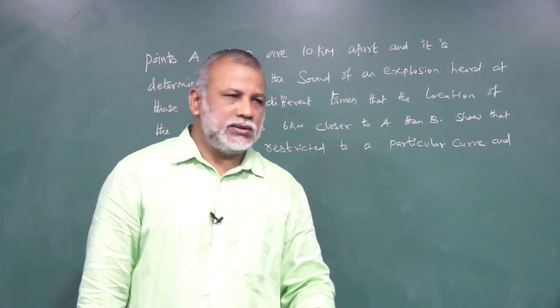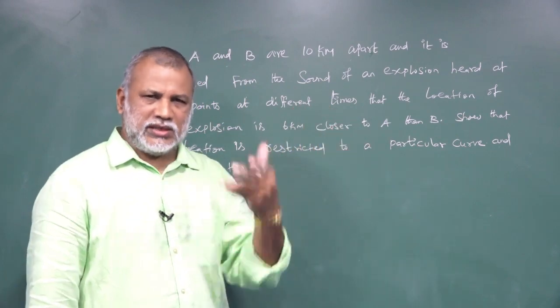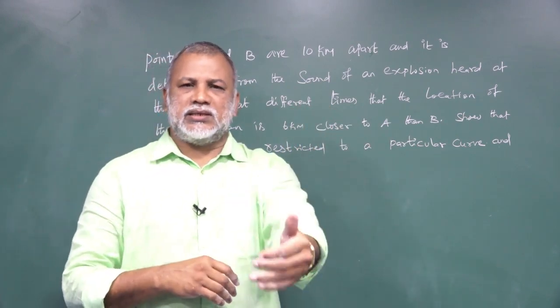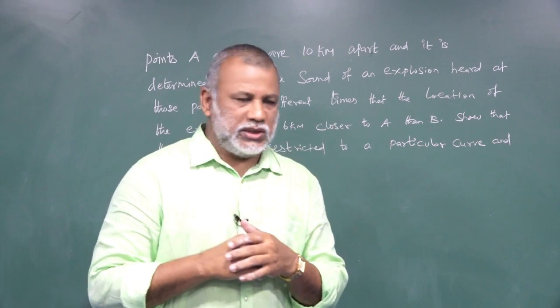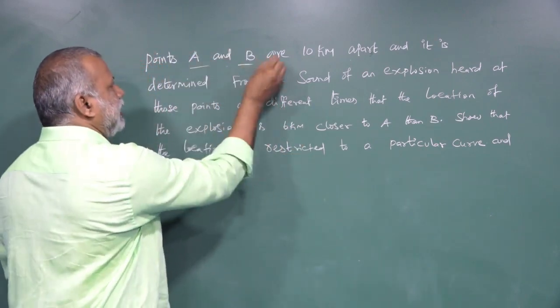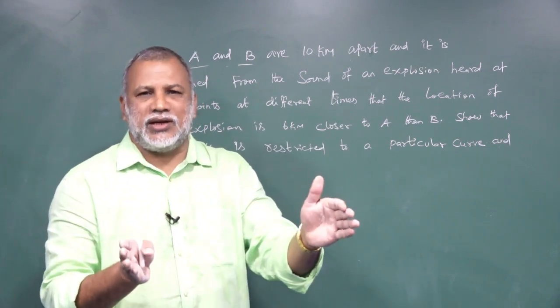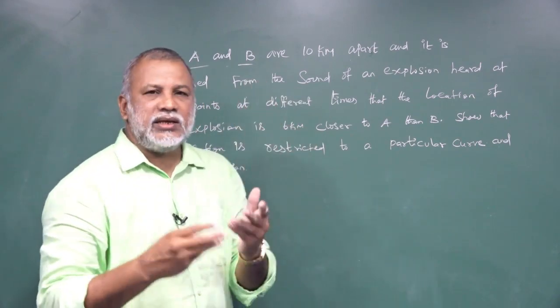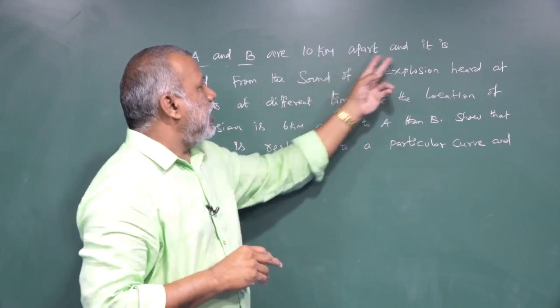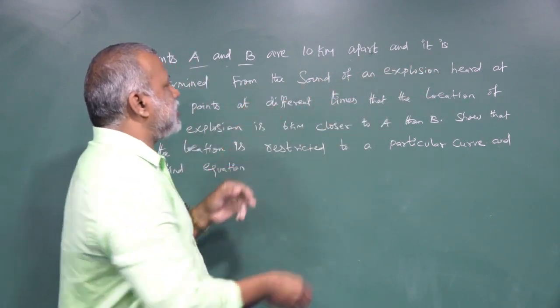Now listen students, it is one more problem, the same explanation we just discussed in the previous question. See, A and B are 10 km apart. In the previous question, 600 km apart. Here we are selecting 10 km apart. And it is determined from the sound.